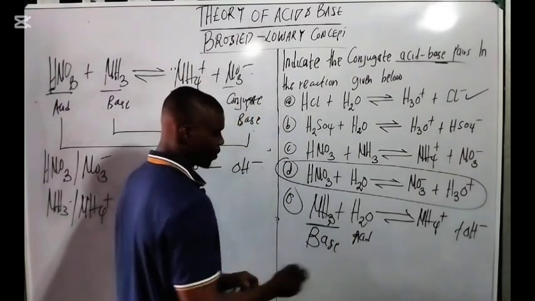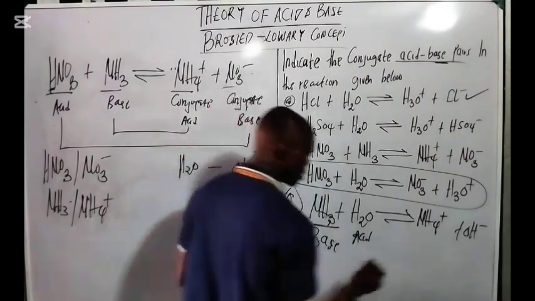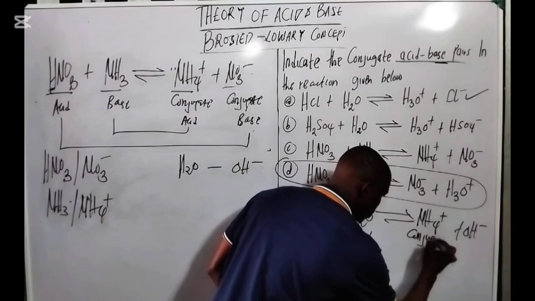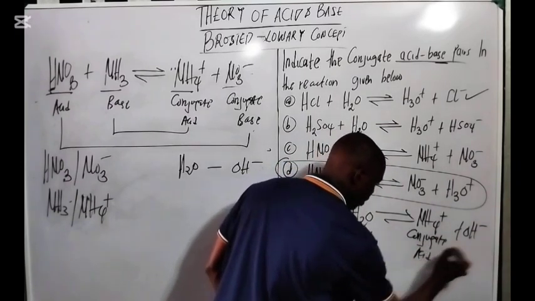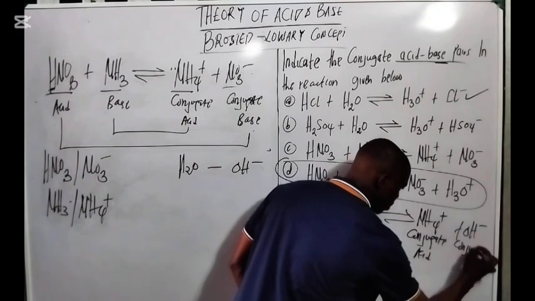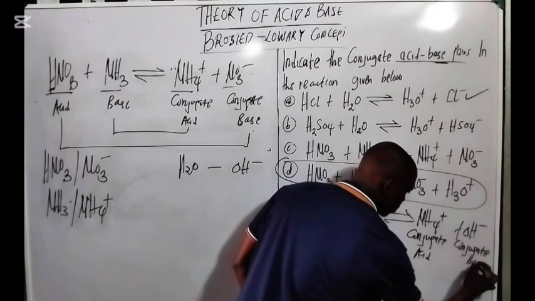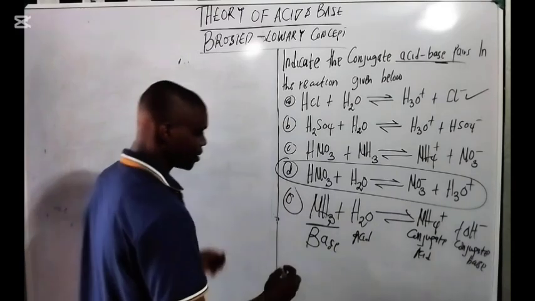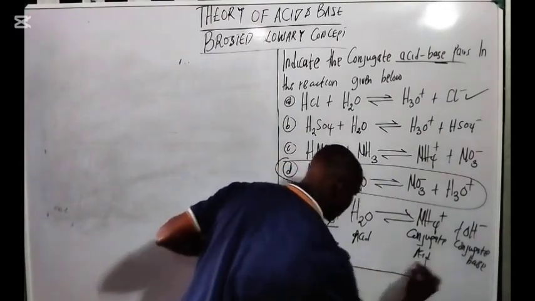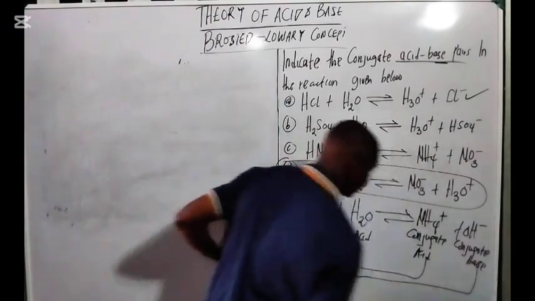So here, what you have now is called the conjugate acid, and here the conjugate base. Look at it very well. Now this guy will move here and this guy will move here.